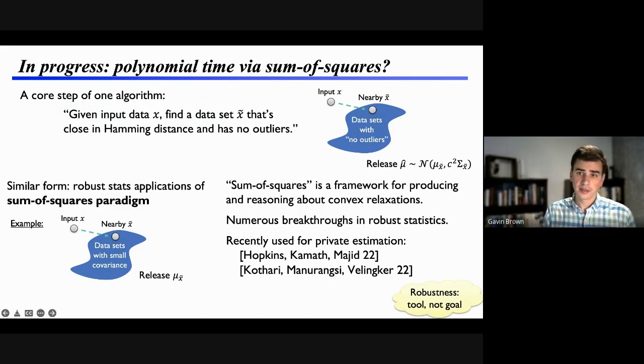A really interesting thing is that here, these tools from robust statistics may help us establish privacy, even if robustness isn't our goal. And so I'm interested in further understanding these connections between these two bodies of literature as they pertain to high dimensional statistics.